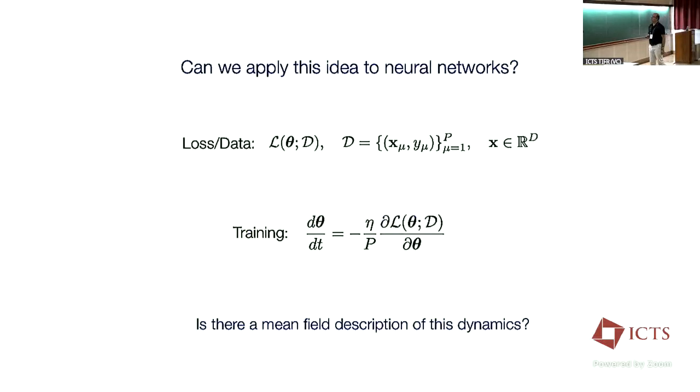What I'll do is see if I can apply this idea to neural networks. We will think of training as a high-dimensional system. Consider all the weights as the high-dimensional system. Is there a reduced description? Now, the reduced description I'll describe will turn out to be not in terms of the weights, but in terms of pre-activations, but we'll get there.